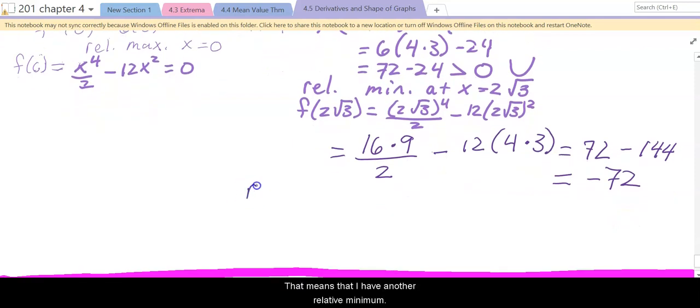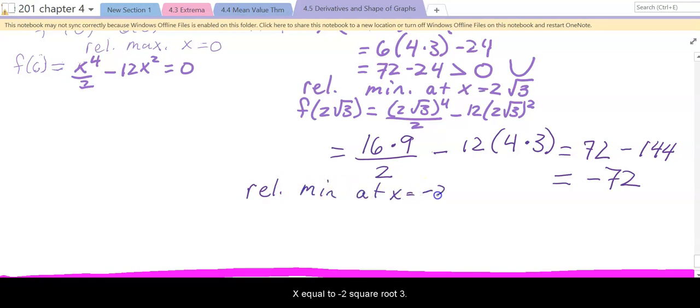That means that I have another relative minimum occurring at x equal to negative 2 square roots of 3, of value also negative 72.